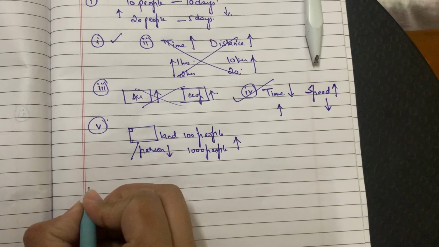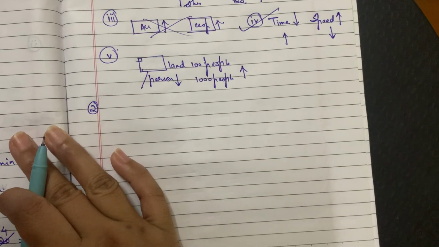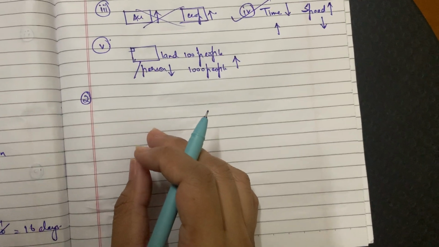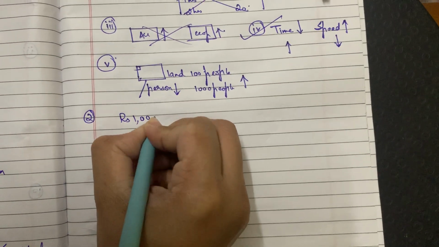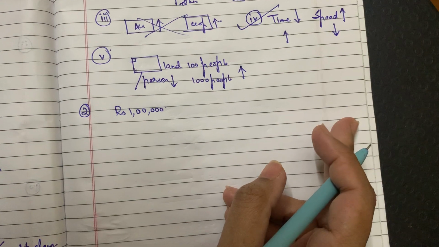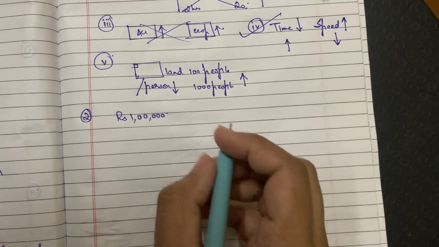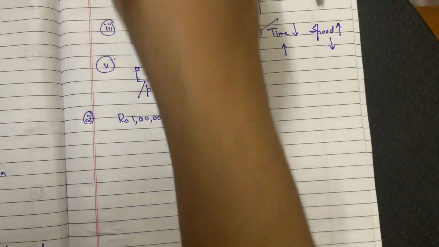Now going to the second question. It is a tabular question that says, in a television game show, the prize money of rupees 1 lakh is to be divided equally among the winners. Then it says, complete the following table.